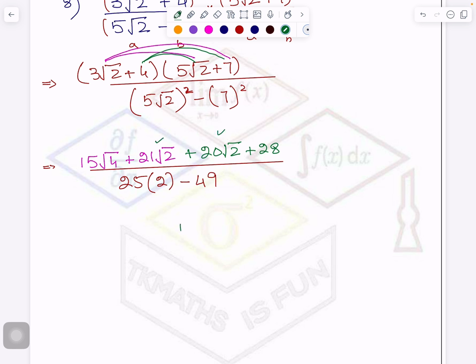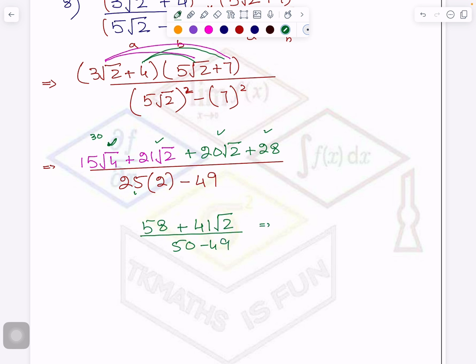It will be 41 root 2, whereas this root 4 will become 2. So 15 2s are 30. So 30 and 28 I will add up. It will be 58. And in the denominator, 25 times 2 is 50 minus 49, which is 1.